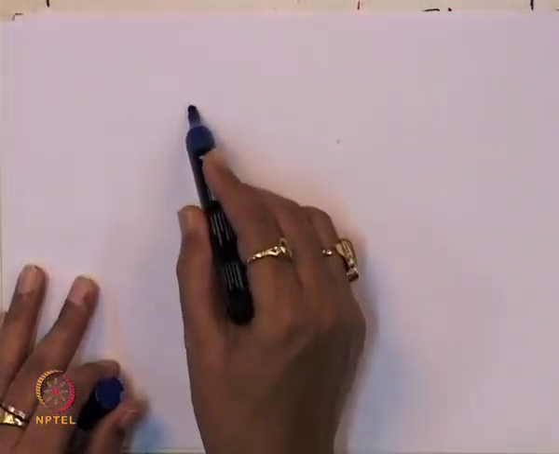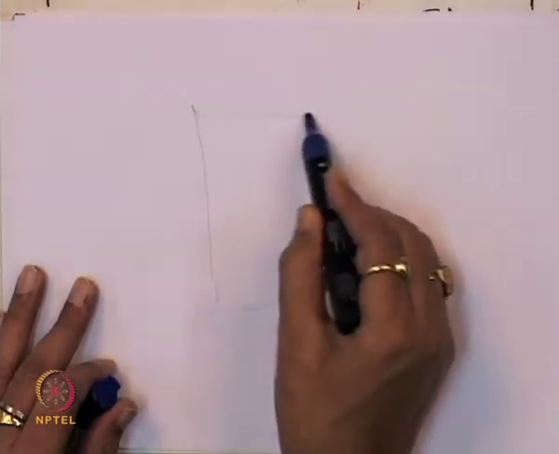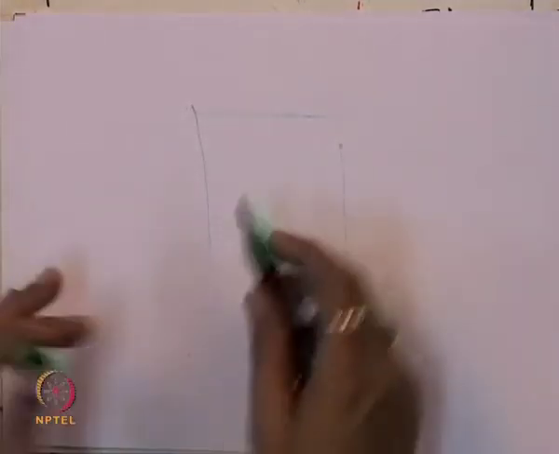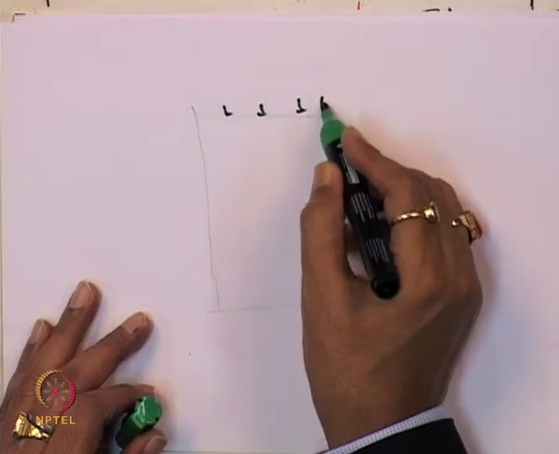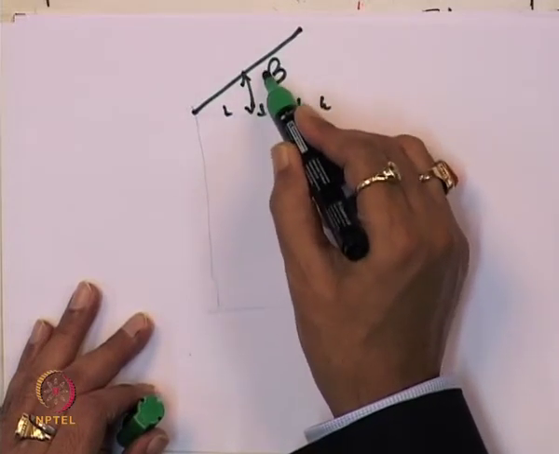For example, if we consider this as a reinforced soil wall, and also if you consider some surcharge load here, also if there is some angle which you call beta.